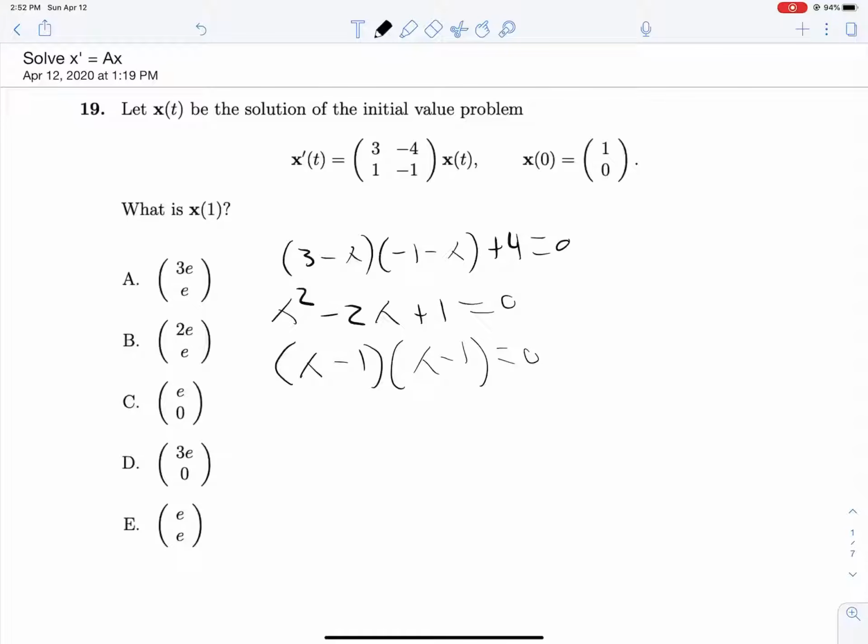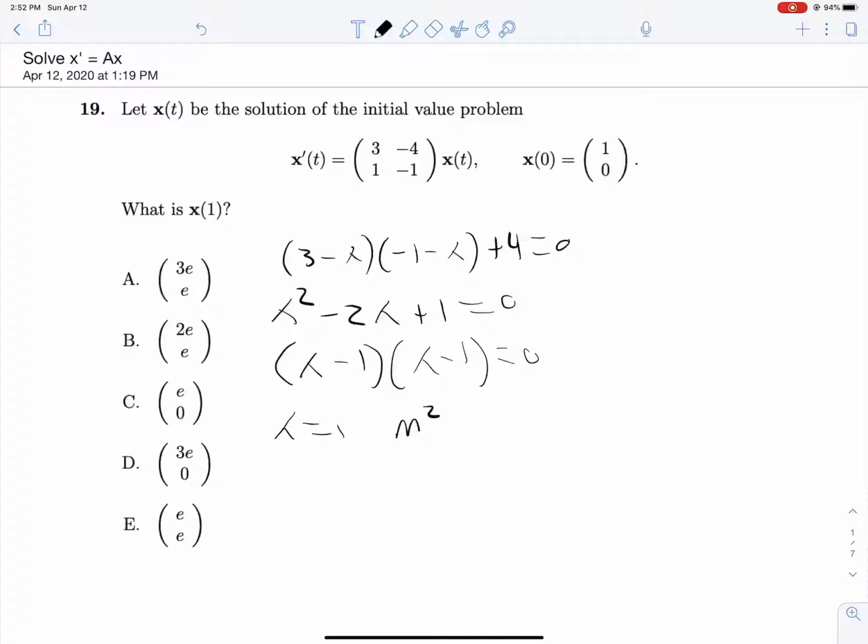So we have an interesting situation here where we have a repeated eigenvalue. So our solution is lambda equals 1 with a multiplicity of 2.